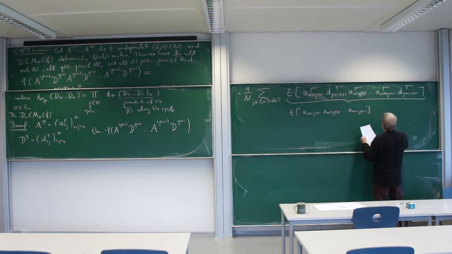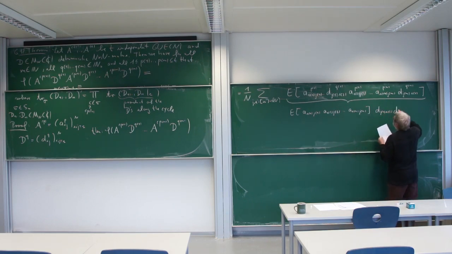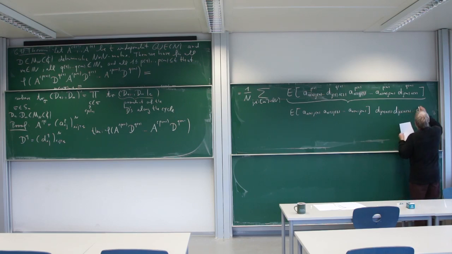And for the D's, I just have now the product of the D's. So I have D_{J1,I2}, D, okay, next would be J2, I3, up to D_{Jn,...}.